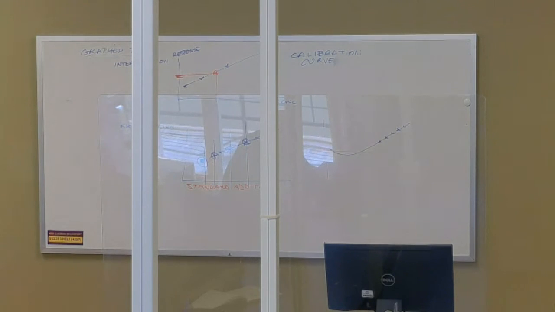So if it's a particularly hot day and our magnet was to drift in its field strength, then we would notice that the internal standard in this sample wasn't reading at 0 anymore. We would just dial it back as an internal standard. Okay.